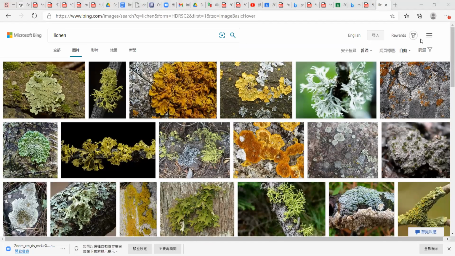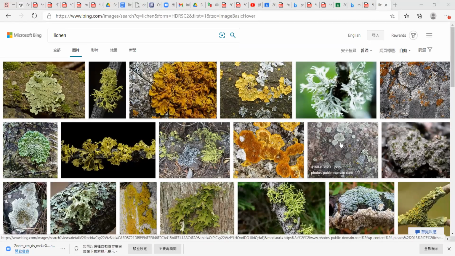So for example, even in town, right now you see the branches, we have got some green patches here. It is not a sign of rusting. It is not a sign of rotting plants. It's a sign to tell you the air nearby is very, very clean and fresh. It's a very good indication of the air quality nearby. In a heavily polluted area, of course, you don't have it. 地衣有冇聽過？地衣.